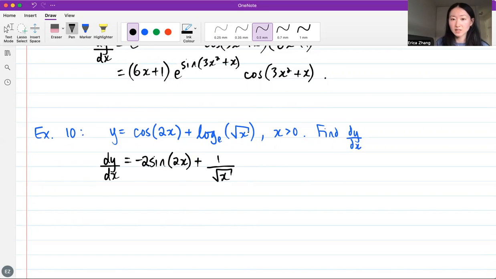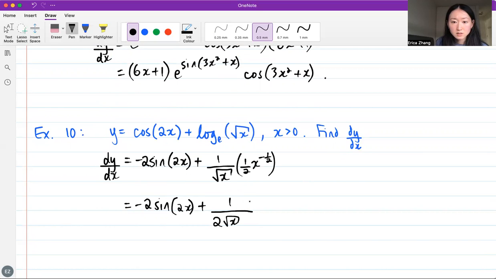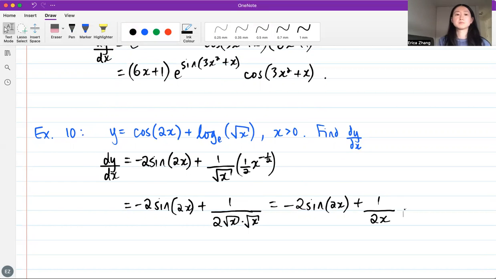Now the derivative of the inside, which is root x, is just 1/2 times x to the power of negative 1/2. Okay, we can clean this up a little by getting rid of the negative exponent. So this becomes 1 over 2 root x times root x, or negative 2 sine 2x plus 1 over 2x. That's it.